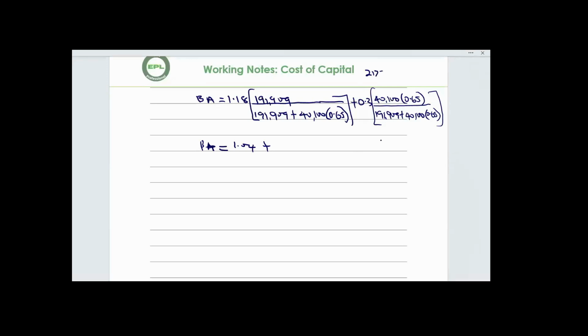So the numerator, 4,100 multiplied by 0.65, divided by the answer 217,974, then multiplied by 0.3, equals 0.04.